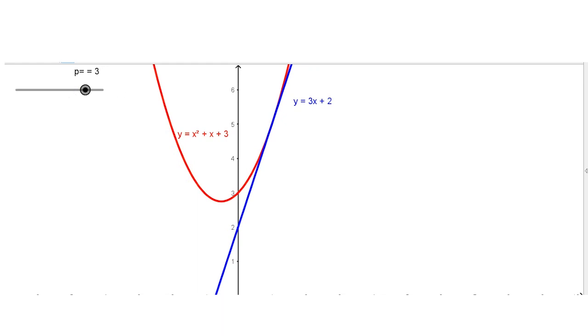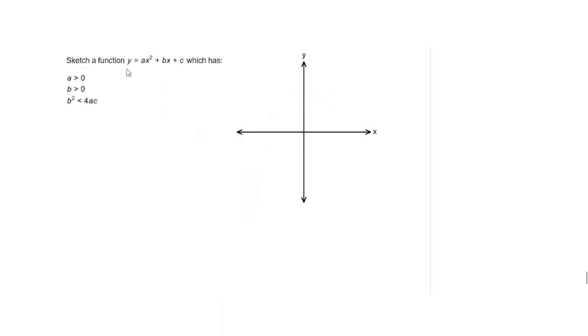So in this, our last question, we were asked to sketch this function. Hopefully we're all comfortable that it is a parabola. The fact that a is bigger than 0 suggests that it's a happy parabola, or what we call a concave up parabola in grade 12. Now, b on its own doesn't tell us anything, but remember that x equals minus b over 2a is the axis of symmetry of the parabola.